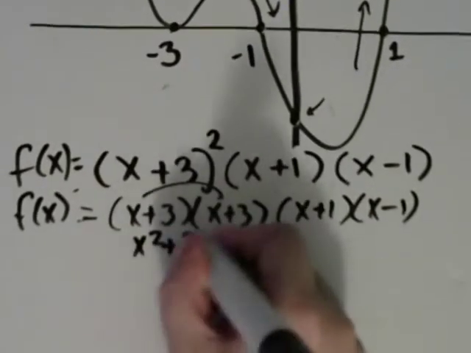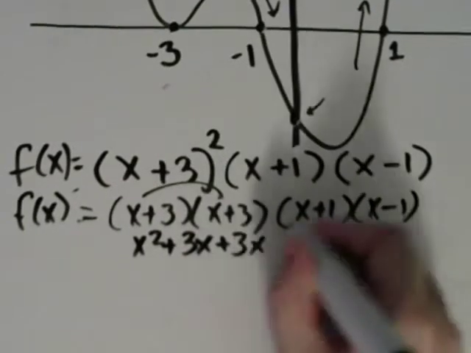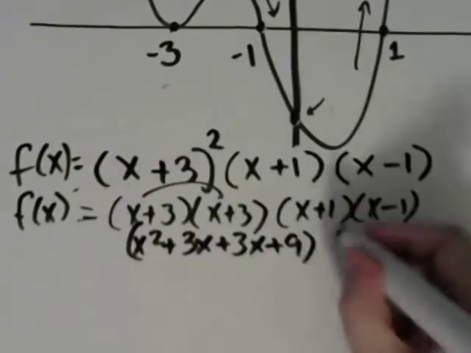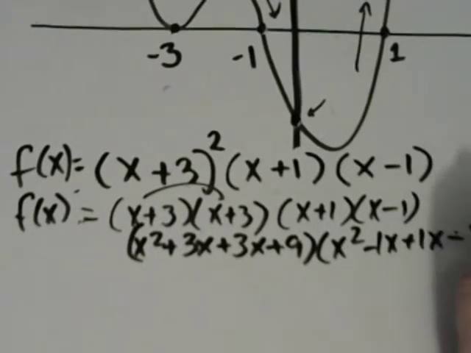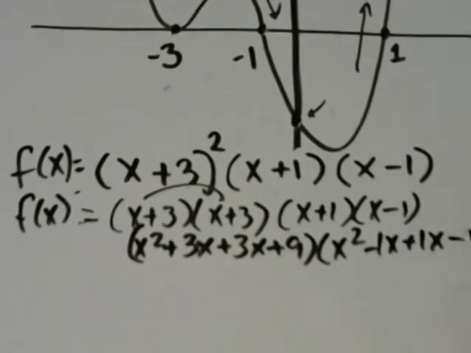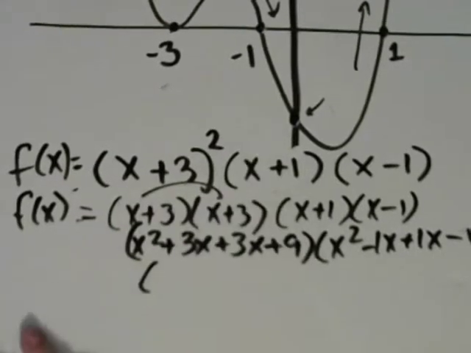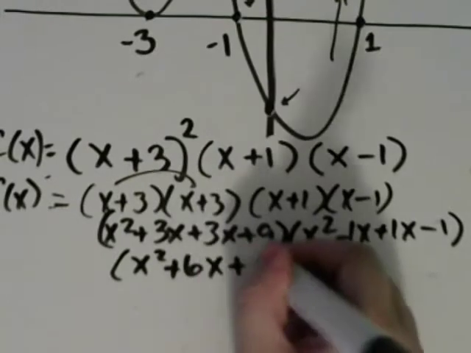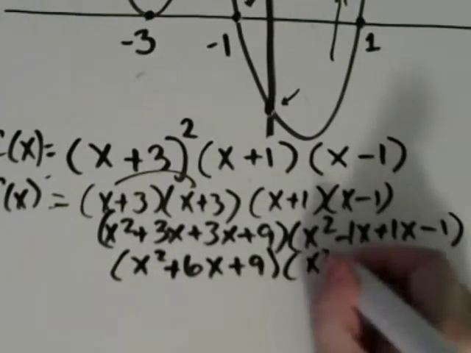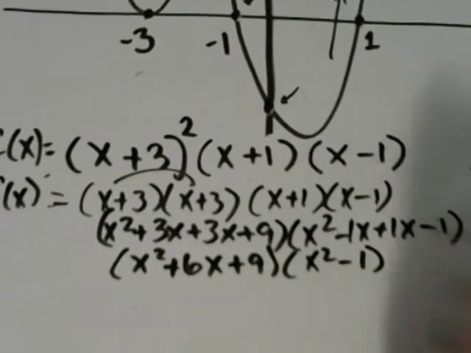Here we've got x squared plus 3x plus 3x plus 9. And here we have x squared minus 1x plus 1x minus 1. Simplify each polynomial, which leaves you with x squared plus 6x plus 9 and x squared minus 1.